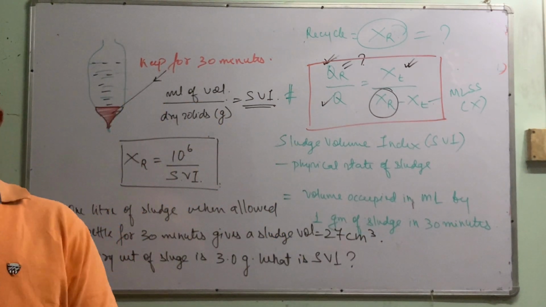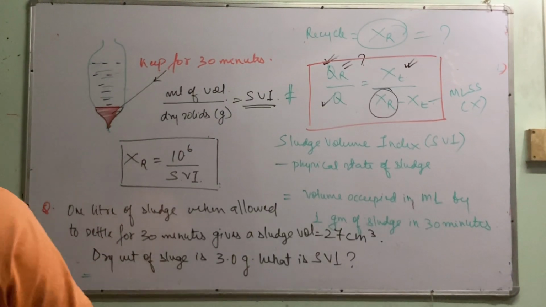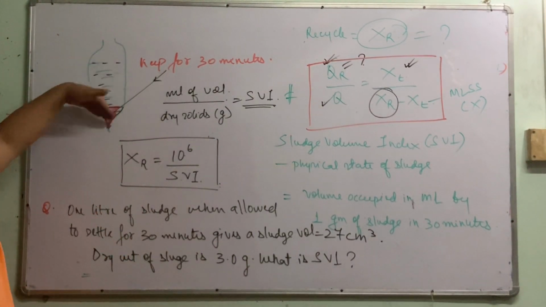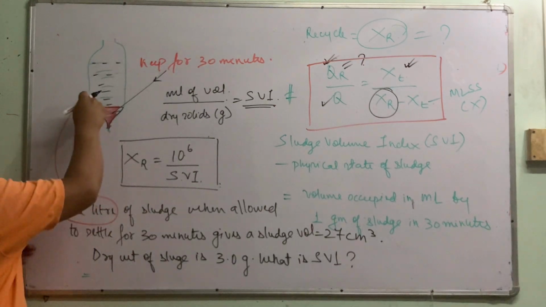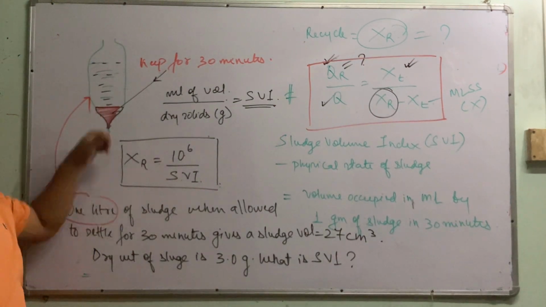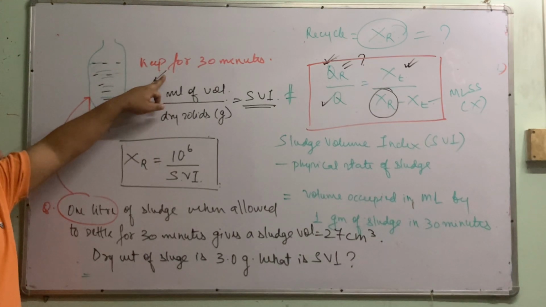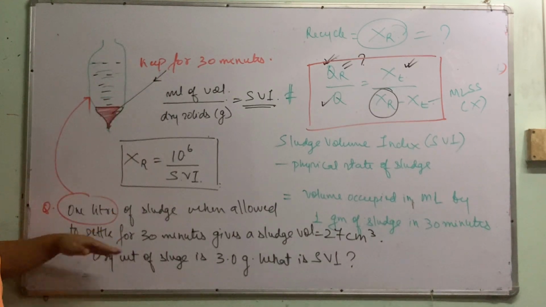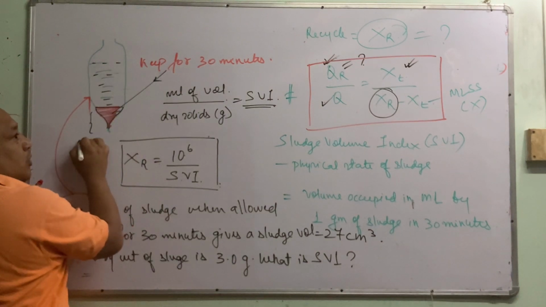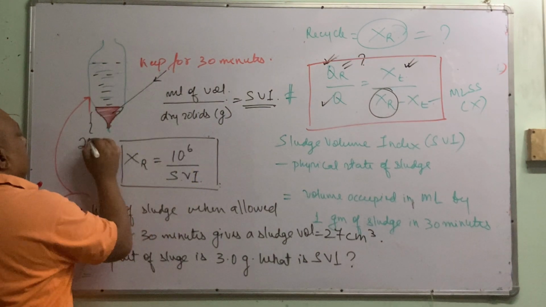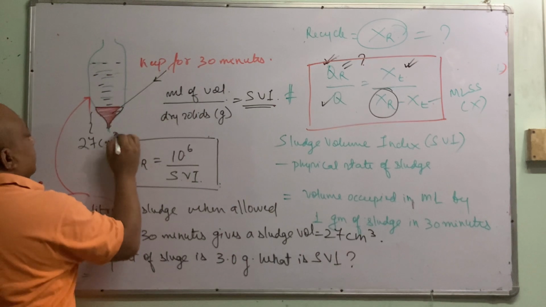Is it okay? So simply you pick up some sample, the whole sample. This one is 1 liter, and you settle it for 30 minutes, and after that you find that this part is 27 centimeter cube.